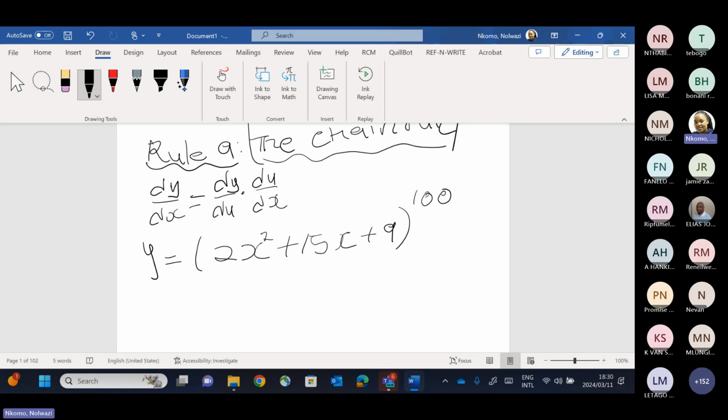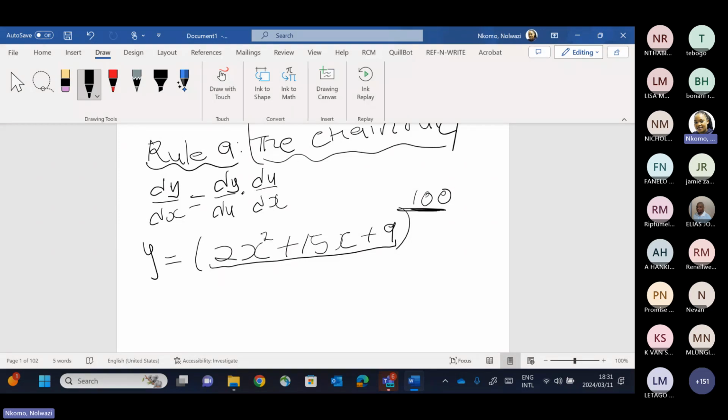You see here we are given a function to the power 100. For you to be able to differentiate this, you have to simplify this function first, right?